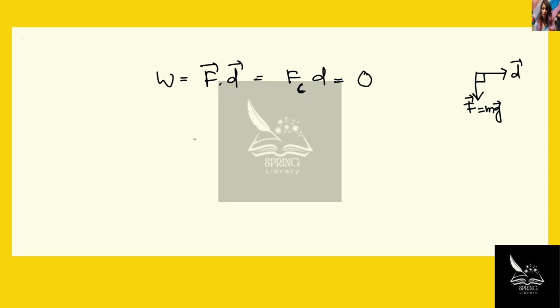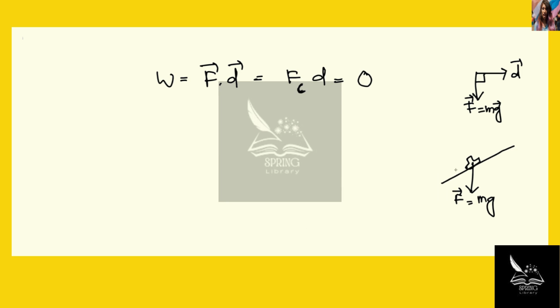However, when the car rolls downhill or uphill, so there is an inclined plane over here, and let's say this is the car. So gravitational force will be downward, mg. But over here, the direction of displacement is along the direction of the inclined plane of the uphill or downhill.